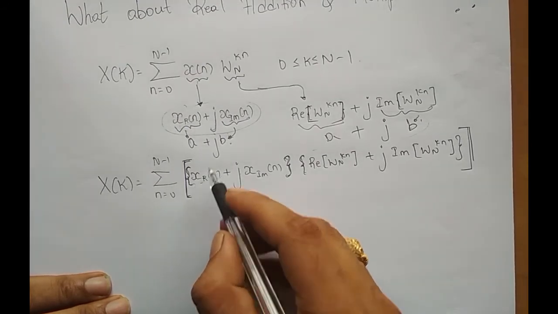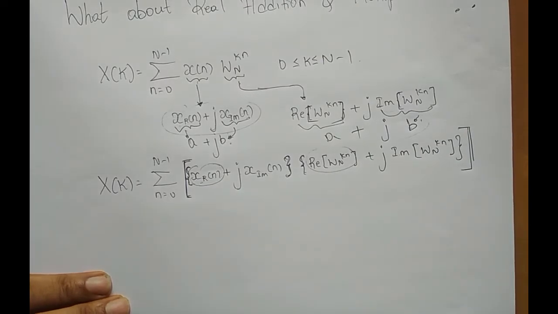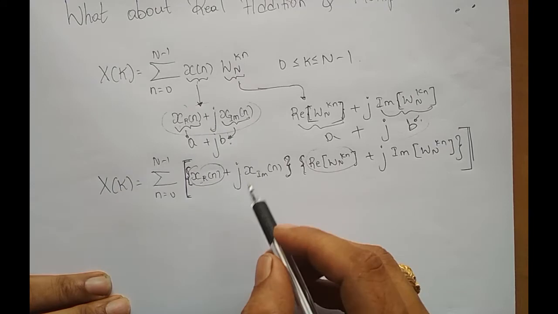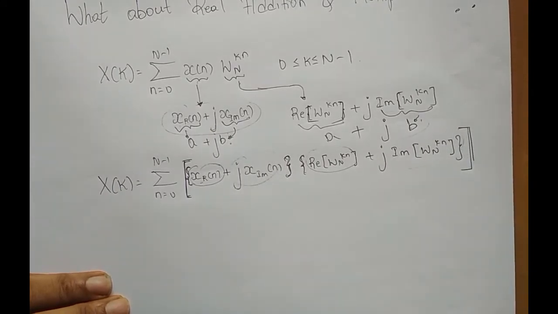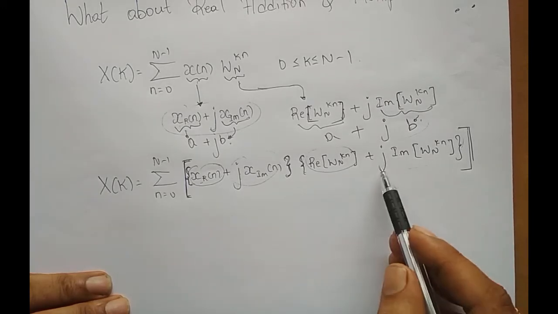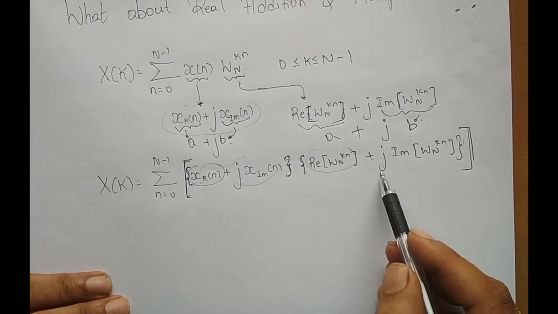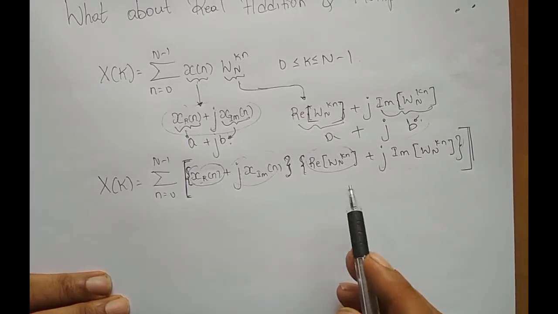This, when I multiply this with this, both are real parts, right? Because I don't have any j term, right? And when I multiply this with this, I get real part, right? Why? Because since both are imaginary, j times j is j square and j square is minus 1. Now j disappeared, so I end up with just real part, right?